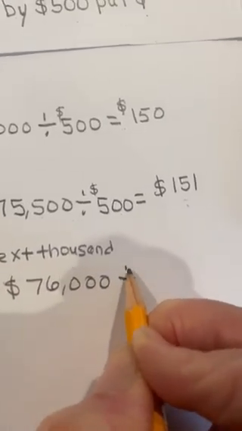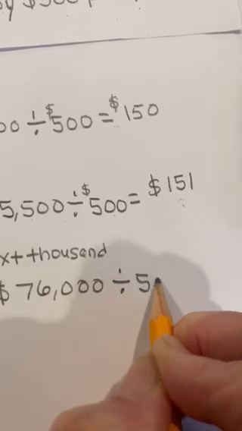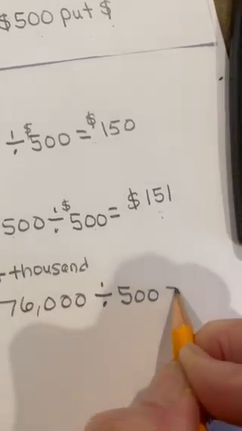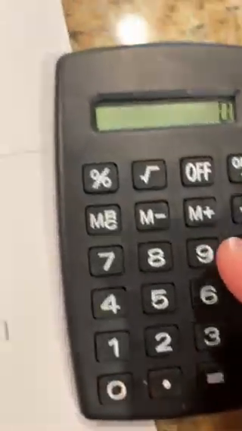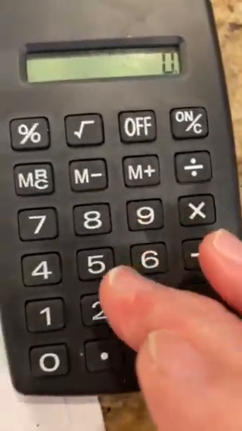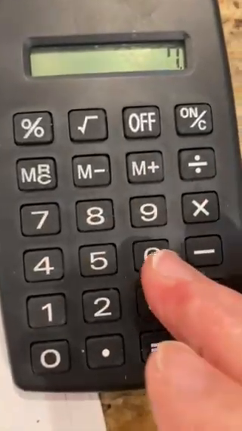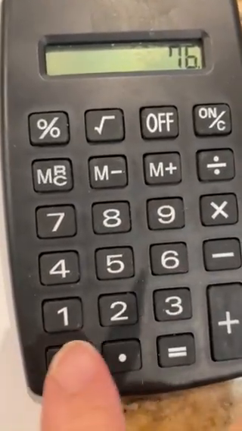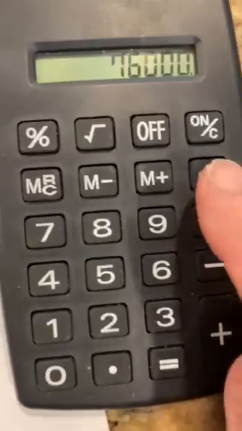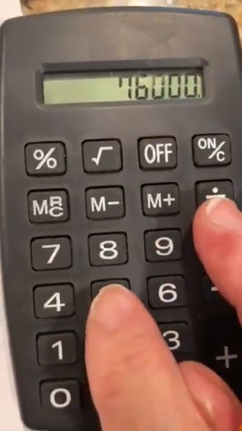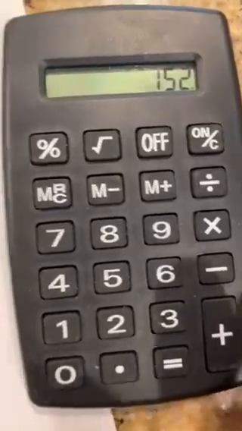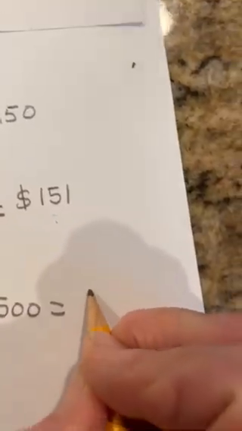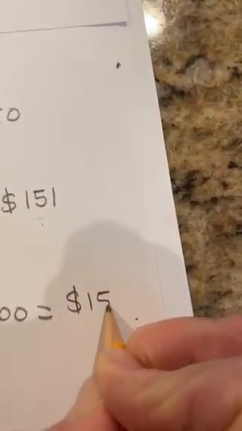And you divide, your third step, by 500 equals, and let's do that. 76,000 divided by 500 equals 152 for your excise tax. 152.